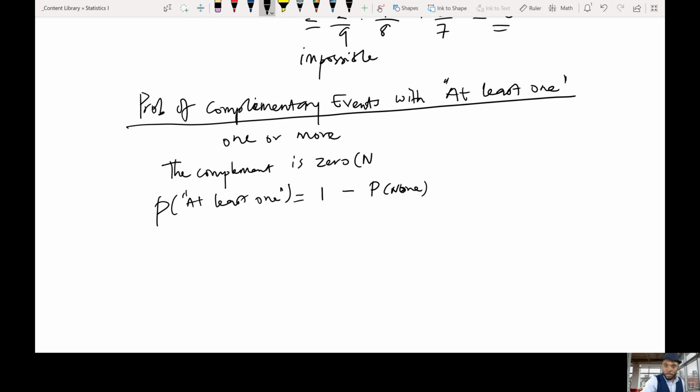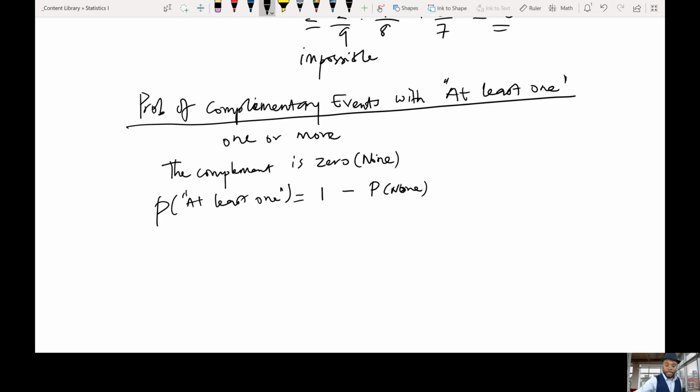So instead of me trying to find the probability of at least one, which is the probability of 1, the probability of 2, the probability of 3, and so on, I'm simply going to find the probability of none and subtract it from 1 to get the probability of at least 1.